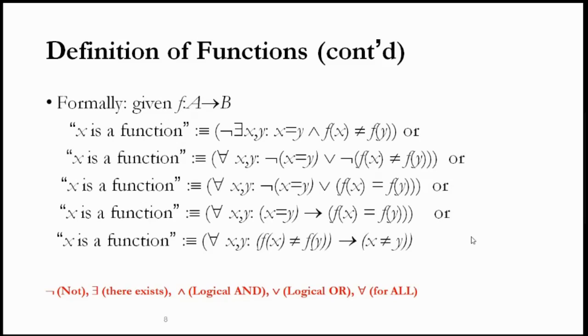The symbol that looks like a V up and down is the logical OR operator. The symbol like a V upside down is the logical AND operator. And if you write an A upside down, it is for all.